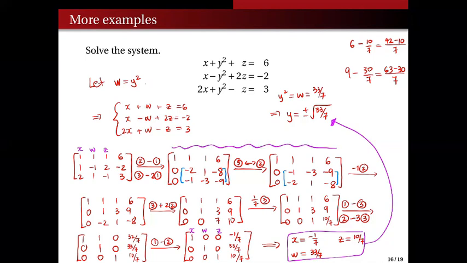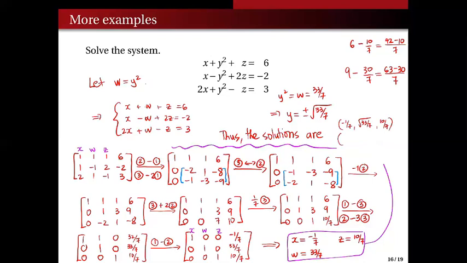So therefore, thus, the solutions are negative 1 over 7, square root of 33 over 7, 10 over 7.